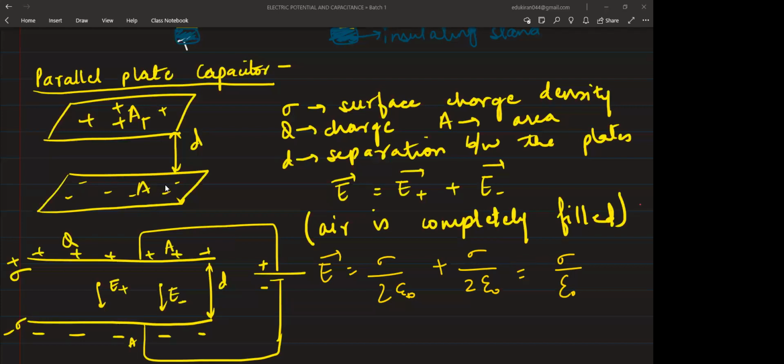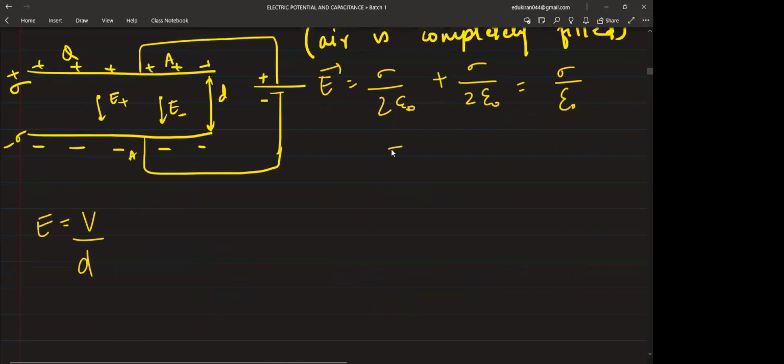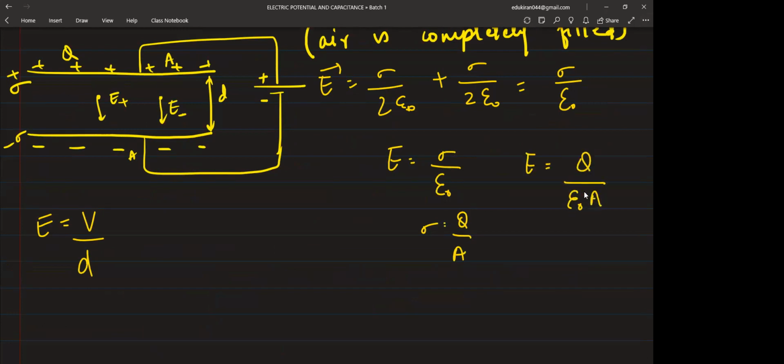Electric field due to the second one is sigma by 2 epsilon naught. When you add them, the total electric field is sigma by epsilon naught. Now, sigma is charge divided by area, so the electric field will be equal to Q by epsilon naught A.